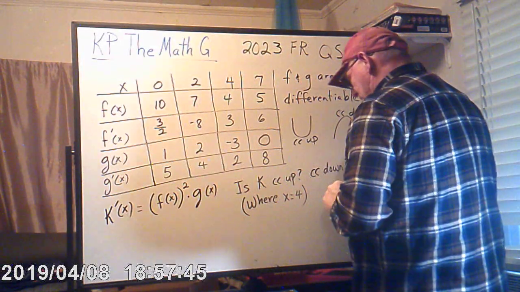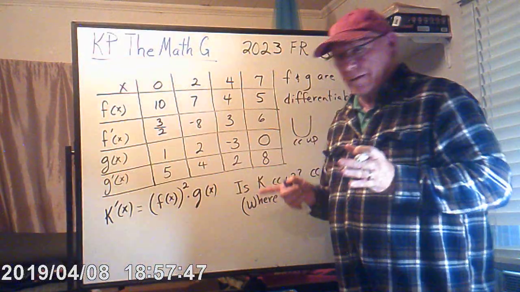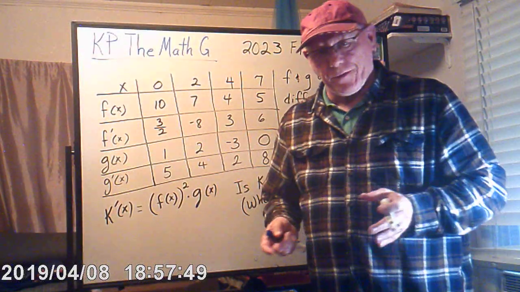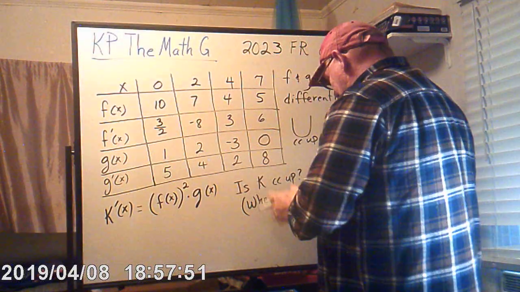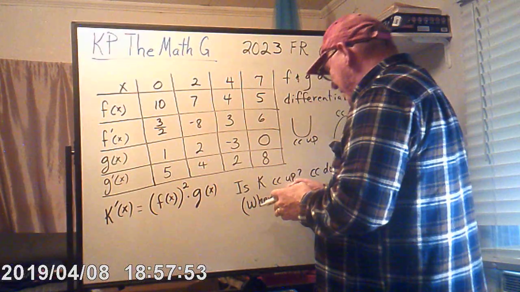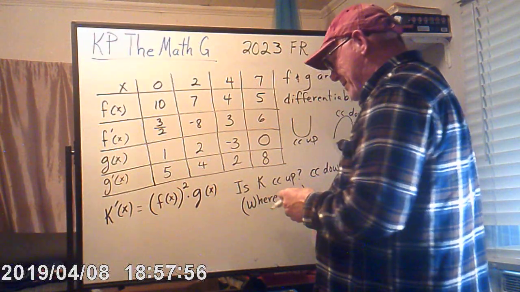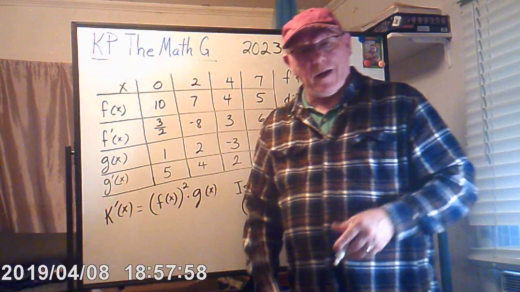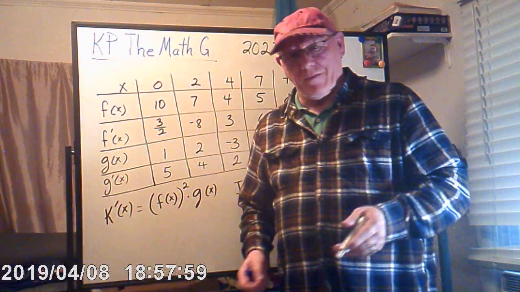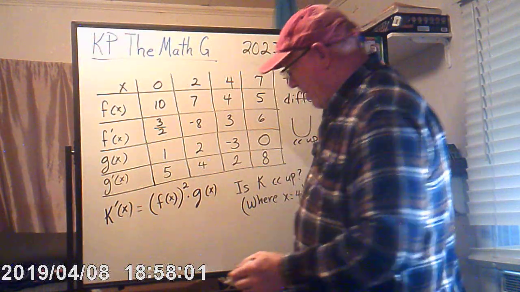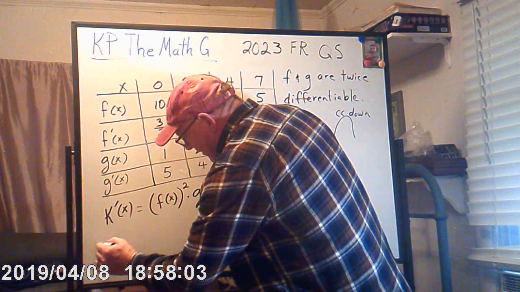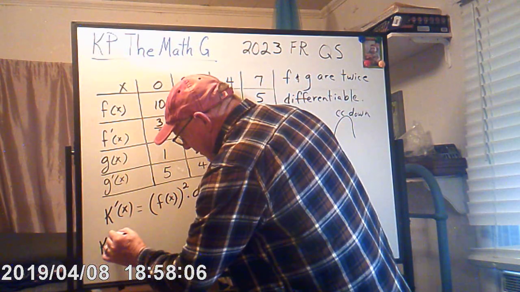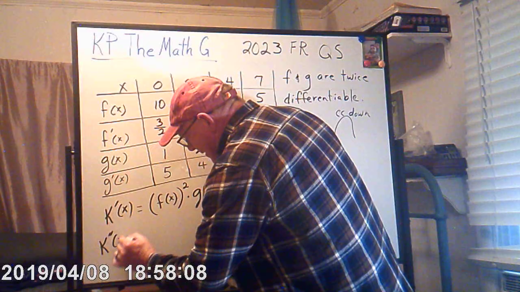We need to understand what we're looking for. What do we have to do if we're looking for concave up or concave down? Yeah, you're right. We need the second derivative, don't we? So I'll first find K double prime at x.